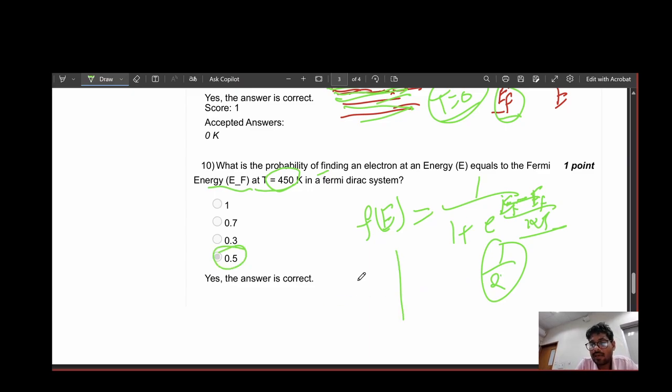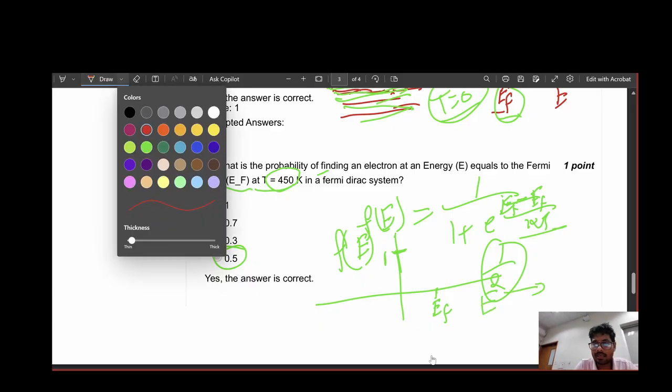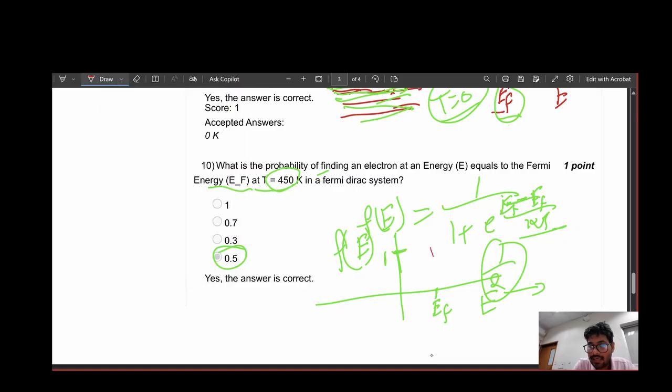And I will draw the graph as well. So this is EF, and this is 1, and this is F of E. This is E in this direction, and let me draw it with another color. At T equal to 0, this will be the graph.